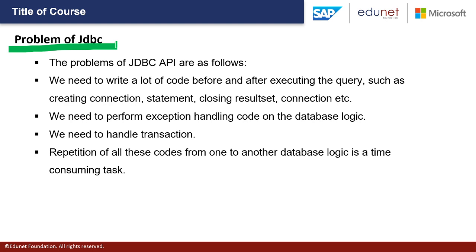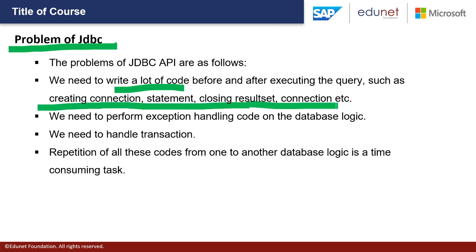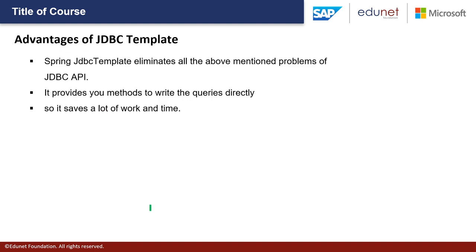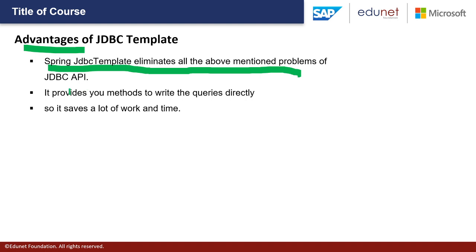We need to write a lot of code before and after executing the query, such as creating a connection, a statement, and closing the result set and connections. We need to perform exception handling code in the database logic. We need to handle the transaction, and repeating all this code from one database logic to another is a time-consuming task. Advantages: Spring JDBC template eliminates all the mentioned problems of the JDBC API.